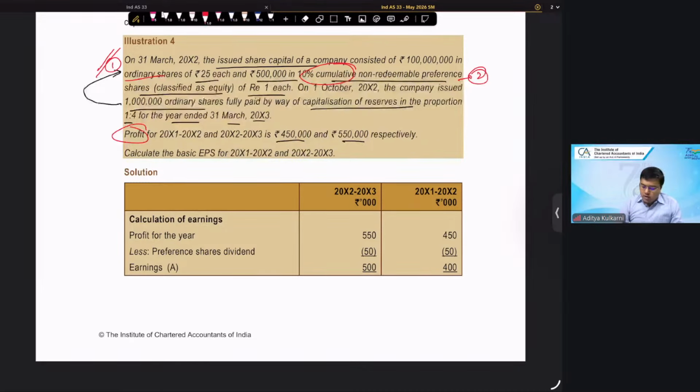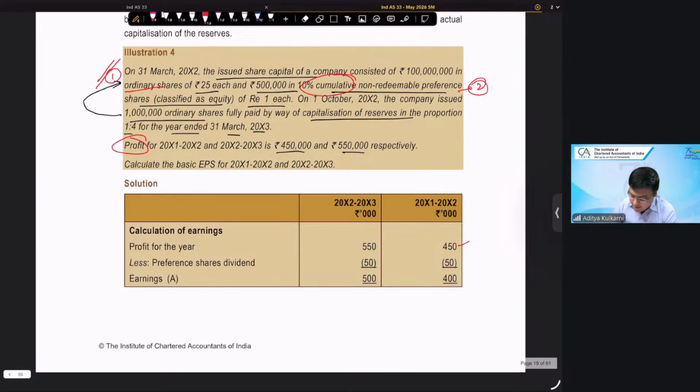So therefore, this profit, 4 lakh 50 and 5 lakh 50, they have just given as profit. So what we can assume is this is the net profit after tax. From here, we will have to subtract the preference dividend that will be paid or accumulated on the preference shares. You have profit for X1, X2 as 4 lakh 50,000 and 5 lakh 50,000.